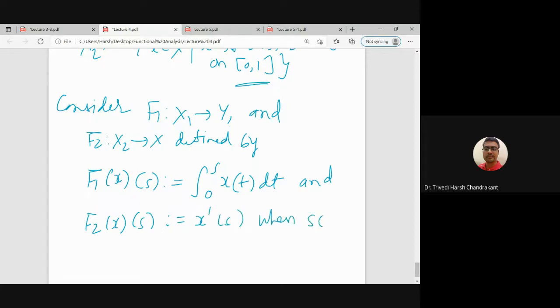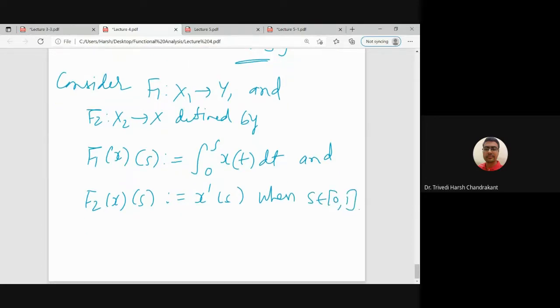What is s? s is an element of the closed interval [0,1]. Here also we know that integration and differentiation are linear operators, right? Therefore f1 and f2 are linear functions, so linear maps.